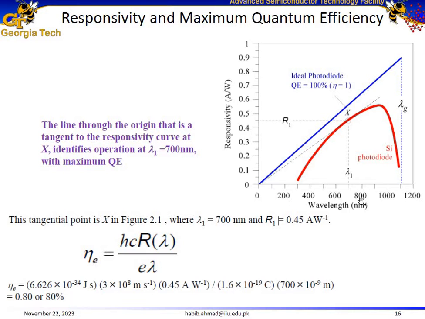This wavelength corresponds to the maximum quantum efficiency for silicon based photodetectors. How do you determine the maximum quantum efficiency? If we know the wavelength and the corresponding responsivity, just replace the values into this quantum efficiency equation, and it comes out to be 80%. So the maximum efficiency that we can achieve with silicon based photodetectors is 80%.